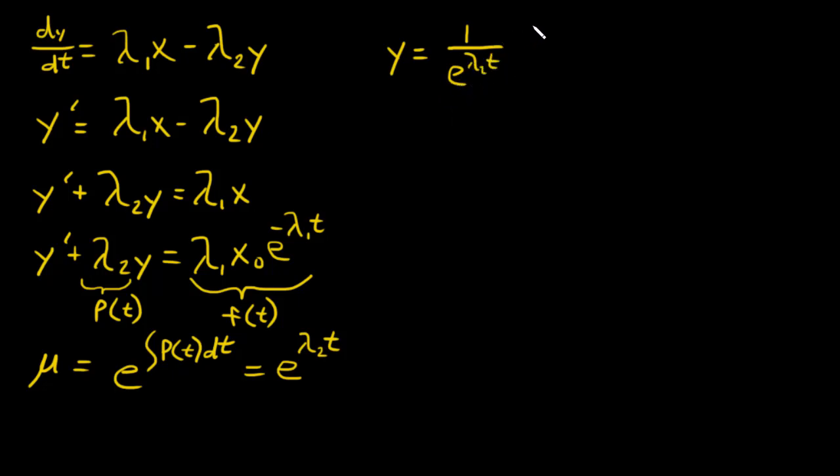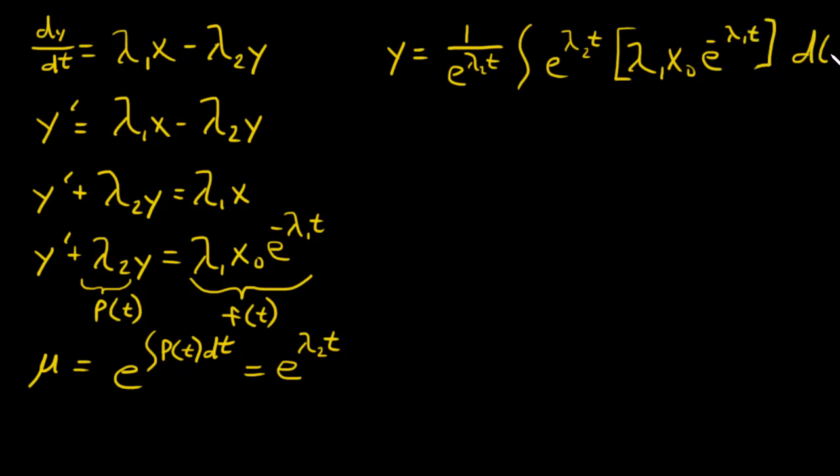Times the integral of mu, e to the lambda 2 t, times my f of t, which is all this stuff over here. So it's lambda 1 x naught e to the negative lambda 1 t, and all of that dt.